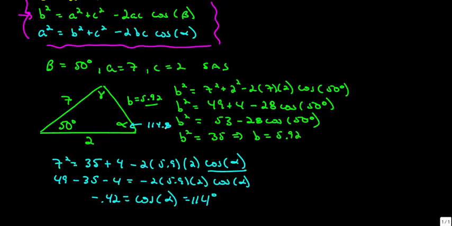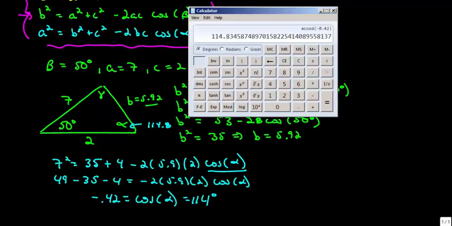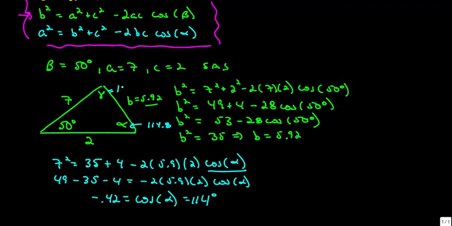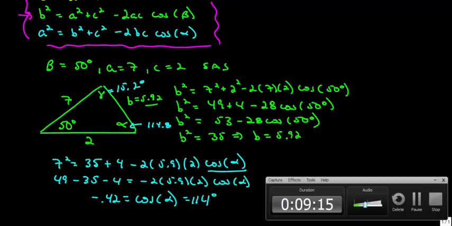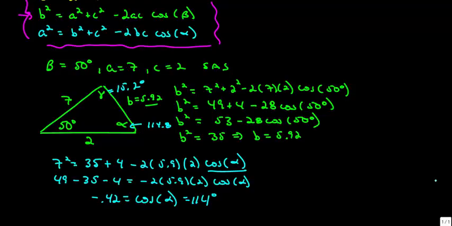So you can say this is 115 if you want to, or 114. And so now, to find gamma, I could go ahead and use that first equation up top, or I could just take 180 and subtract 114.8, and then subtract again 50, and that'll give me 15.2 degrees. So let's go ahead and stop there, and then we'll do one more video using this particular law.